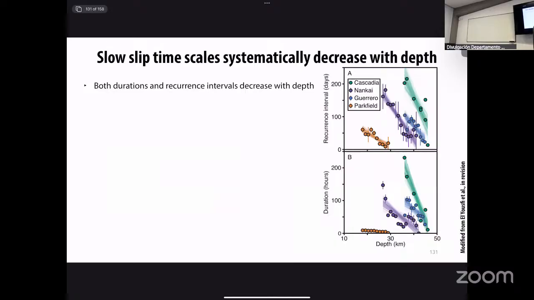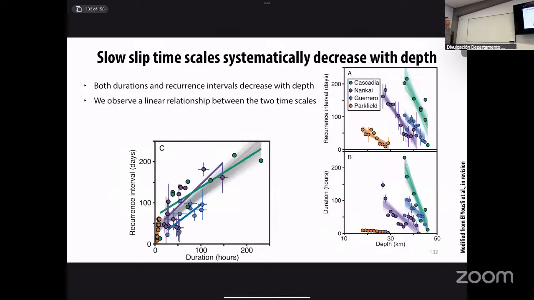And what we see is that there's this monotonic decrease in every single zone of both the recurrence interval and the duration. And what I find really cool is if you take these 2 things together and you plot the recurrence interval as a function of the duration, you find this linear scaling. Every single region will have a slightly different linear trend in here.